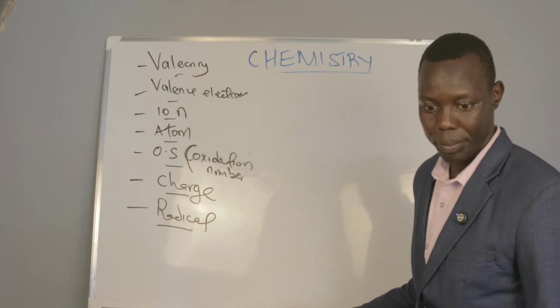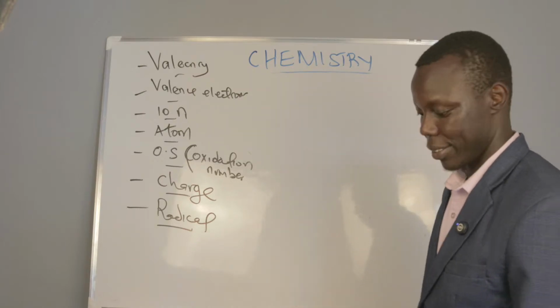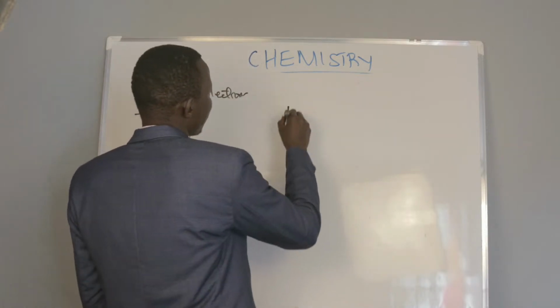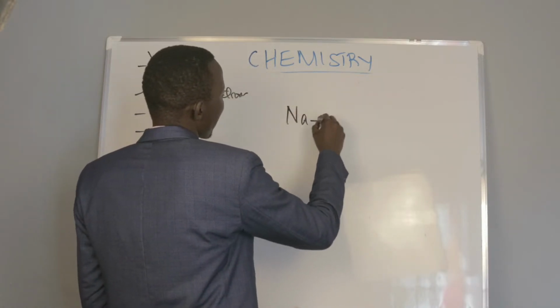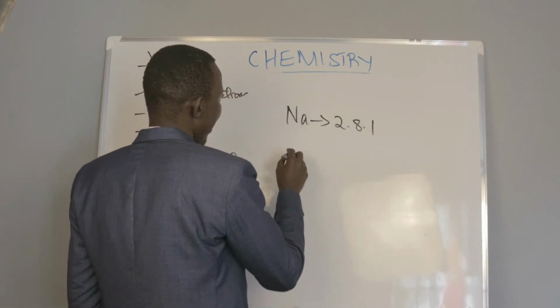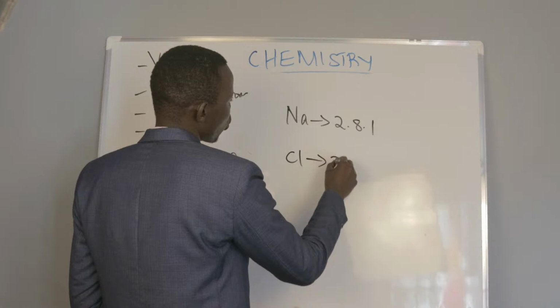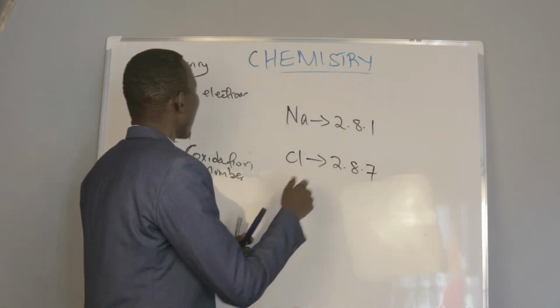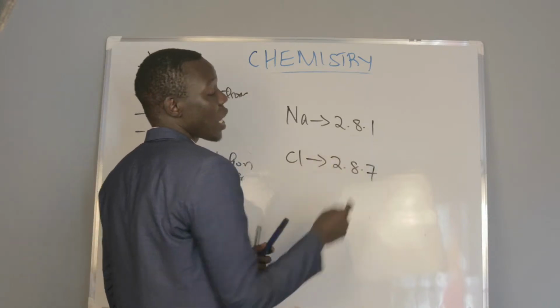Valence electrons. Look at this. Look at sodium. Sodium is 2, 8, 1. Then chlorine. Chlorine is 2, 8, and 7. Now, for sodium, both the valency and the valence electrons are the same.